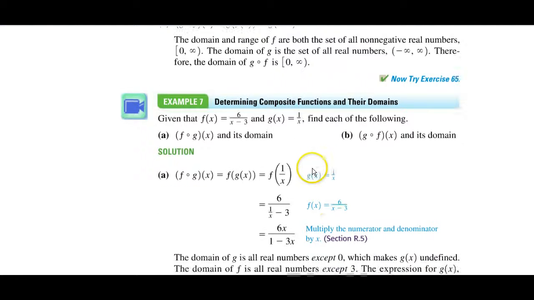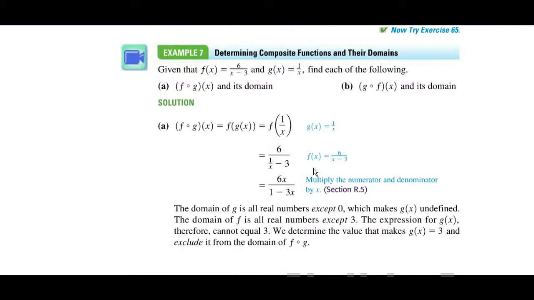Now, when we look at example 7 here, and we see that we have values of x in our denominator, here we see that x cannot be a positive 3. And here we see that x cannot be a 0. And we're just, instead of using a number, using the generalized x in here.